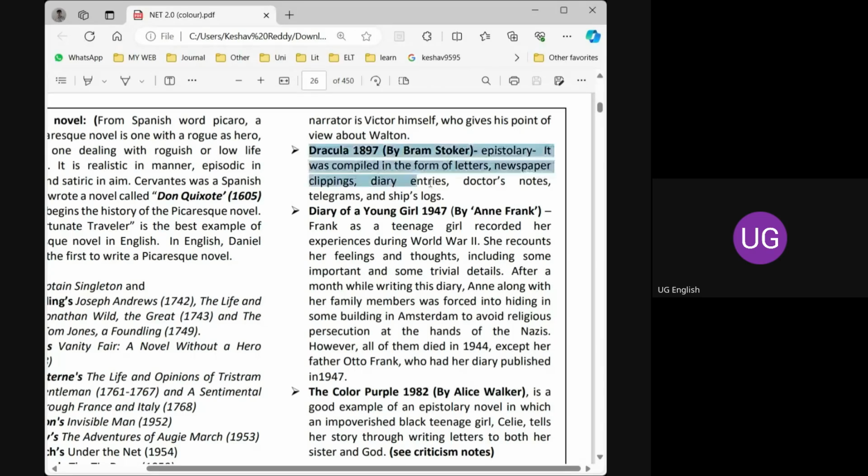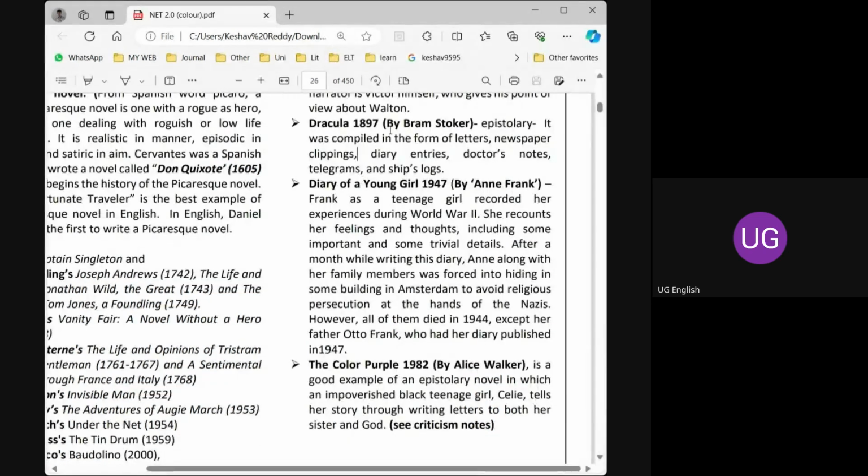And Dracula is very, very important. This is an epistolary novel as well as a Gothic novel. Epistolary and Gothic. Bram Stoker is a very important novelist. It is compiled in the form of letters, I told you. And very interestingly, there are some experiments in this novel.